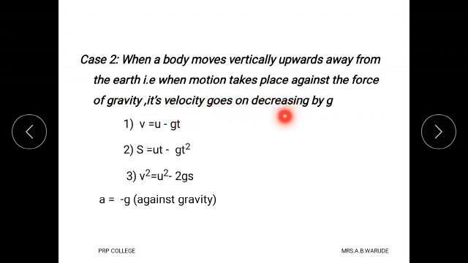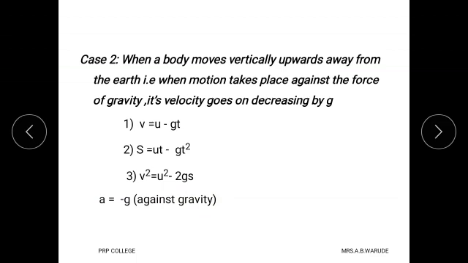Then at that time put a equals minus g, and therefore first equation becomes v equals u minus gt. Second is s equals ut minus half gt square, and third equation is v square equals u square minus 2gs. And here a equals minus g, its meaning is it is against gravitational force.